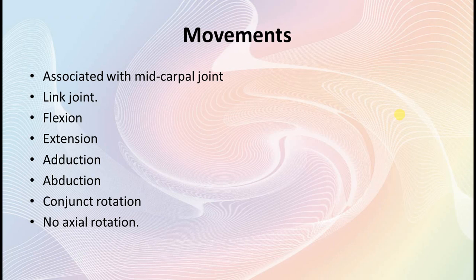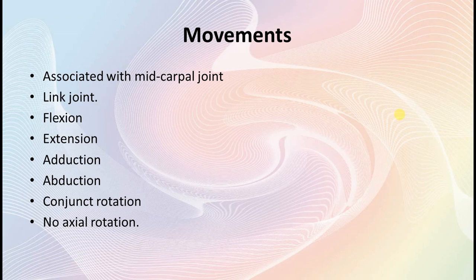Then between the proximal row and the distal row of bones, you also have some joints which also permit some movements of the wrist. This is also called the link joint. So, it is linking your inferior radioulnar and the mid-carpal joints. The movements possible around this joint are flexion, extension, adduction, abduction.